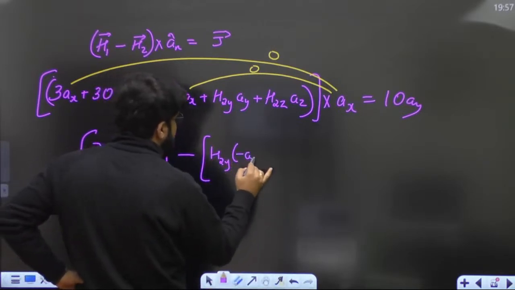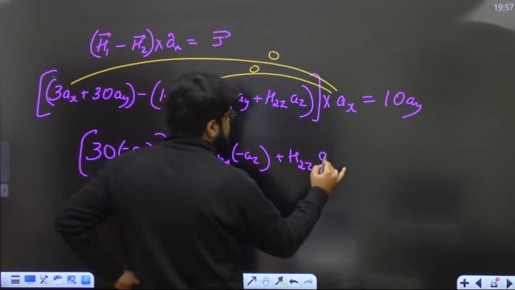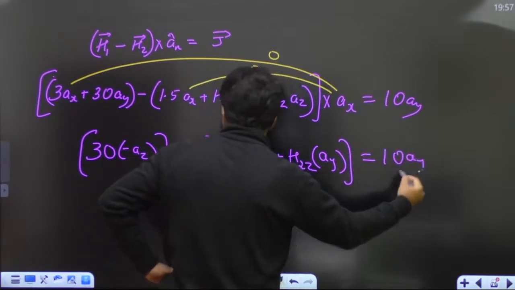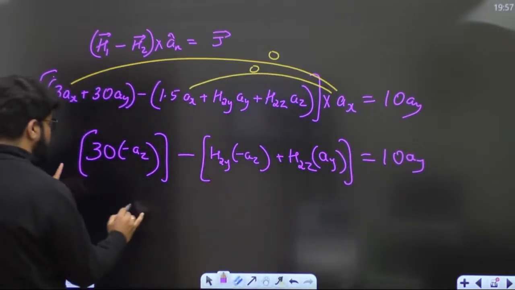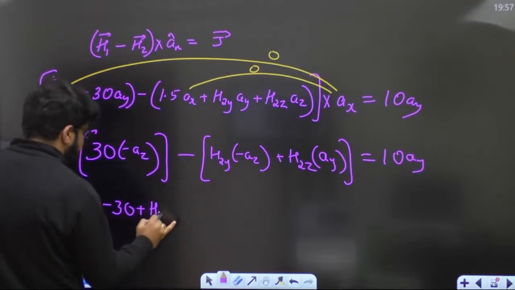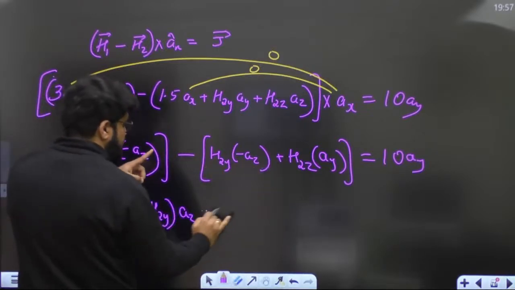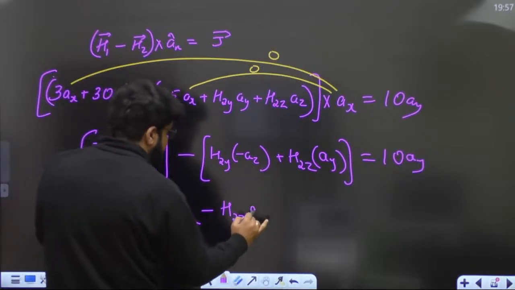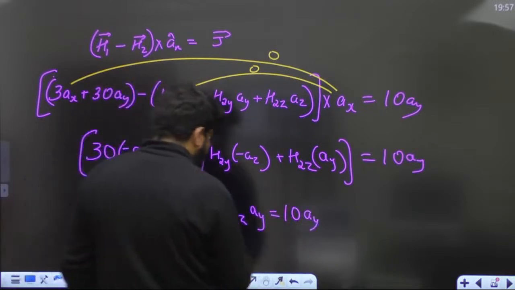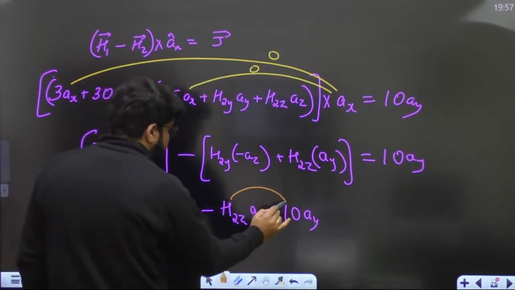Y cross x is minus z. Then the minus of the next term: the x term is 0, y cross x again is minus z, so minus H2Y times minus AZ, plus H2Z, z cross x is AY, should be 10AY. Combining the z components, this is minus 30 plus H2Y AZ. Taking the minus inside, minus H2Z AY should be 10AY. So it is very clear now how you are going to equate the two vectors.